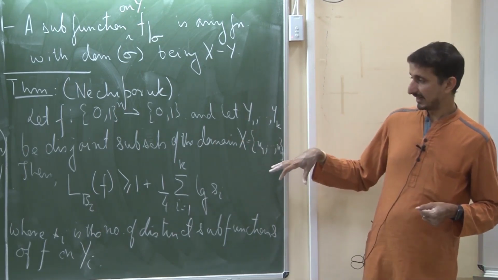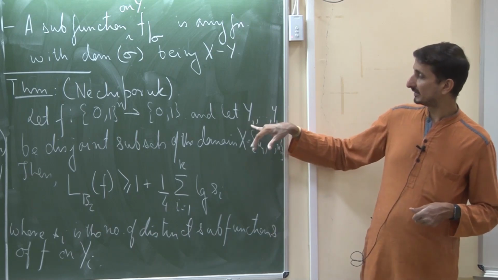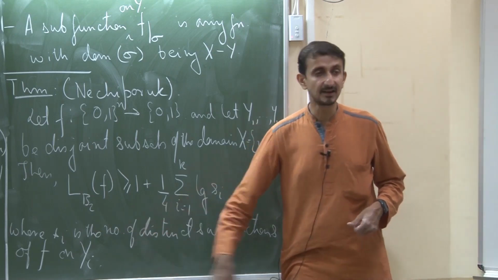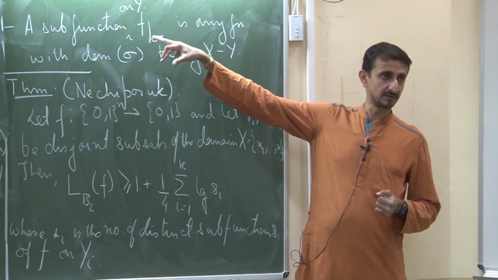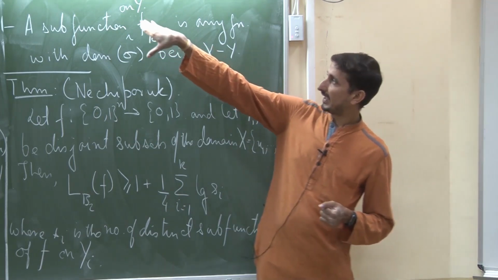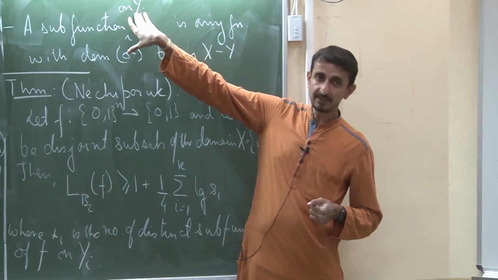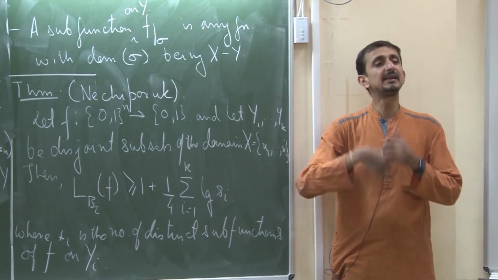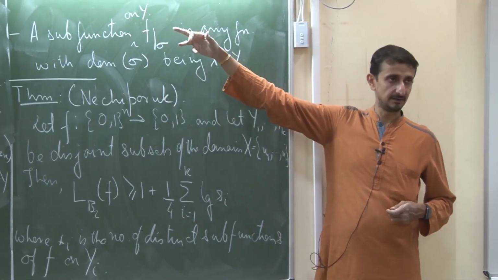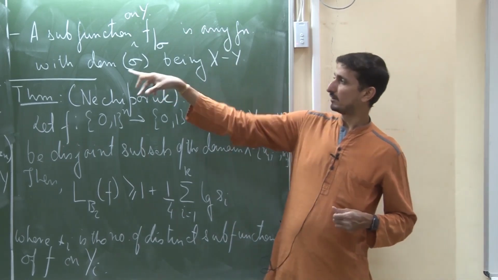Now, what we are saying is that over all these domains, let Si be the number of distinct subfunctions. Here I define what a subfunction is. On a subset Y, a subfunction is basically any restriction. Now, I can have many types of restrictions on the same subset, depending on how I fix sigma.